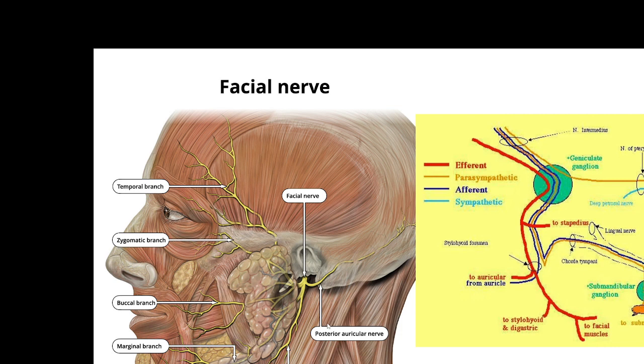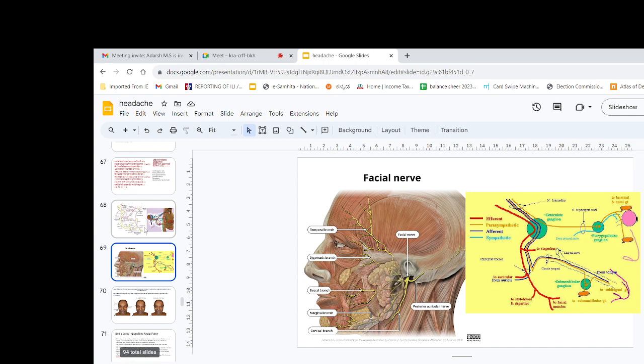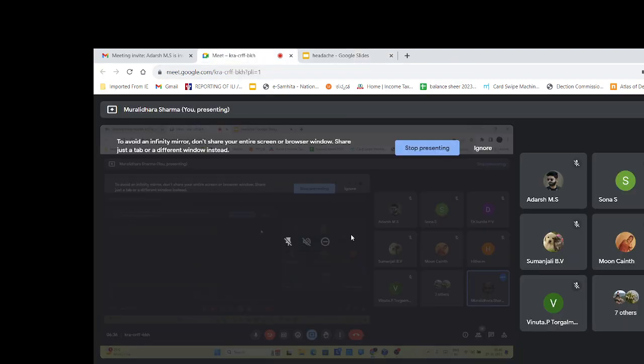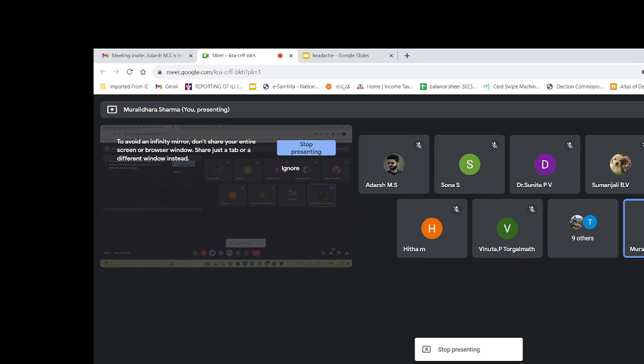Screen is not visible, sir. Sorry to disturb, the screen is not visible.